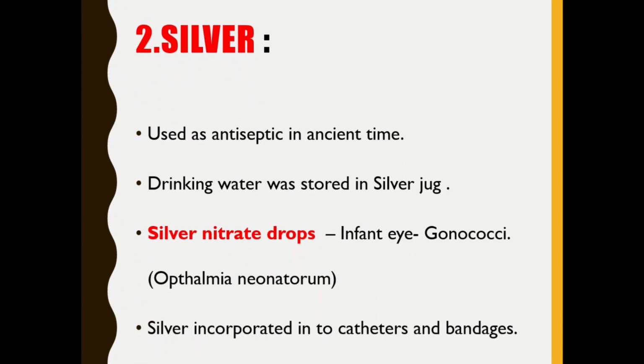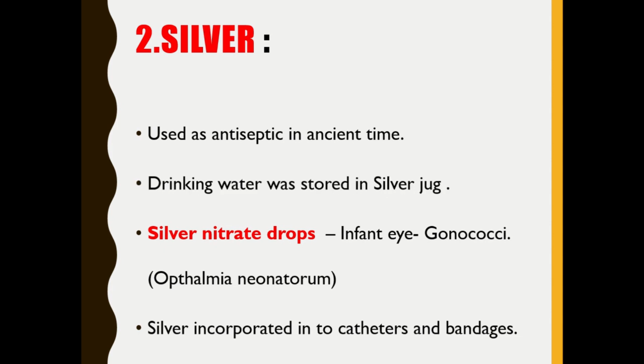The second agent is silver. It was used as an antiseptic in ancient times. So we know that in the old period, we used various metals such as silver, and drinking water was stored in silver jugs.